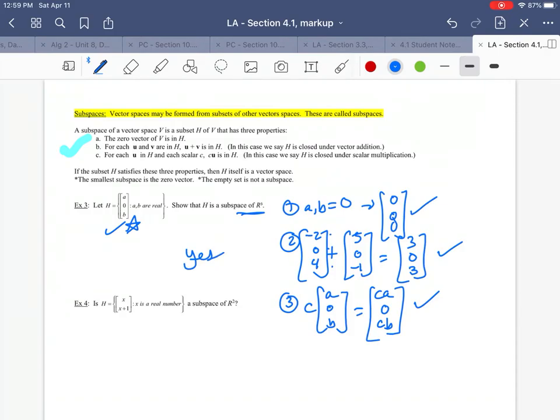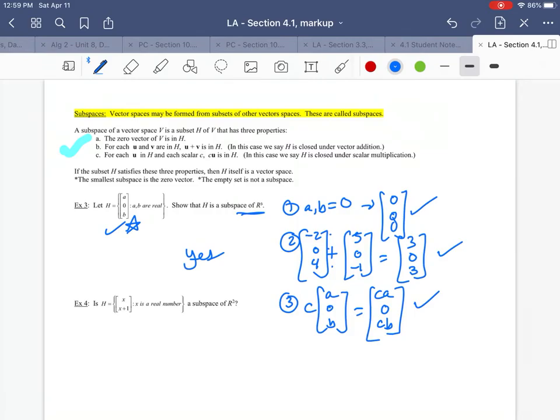All right, so in example 4, if you have this definition here, x and x plus 1, where x is a real number, is it a subspace of R2? Well, to be a subspace of R2, it has to stay two dimensions right there.